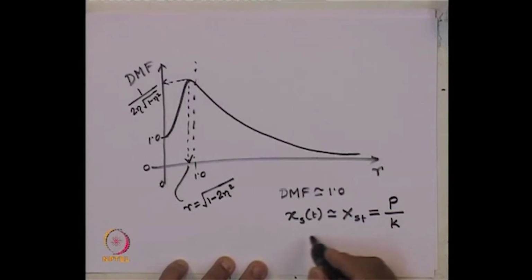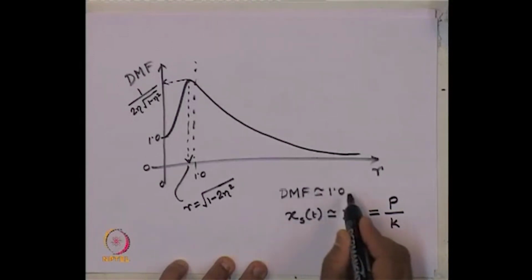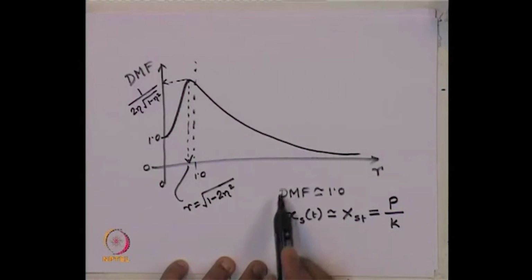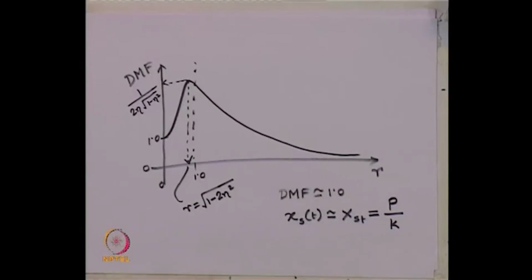So, what does it mean? This value of DMF very close to 1 is dominated or affected by the stiffness. So, if DMF close to 1 is dominated by stiffness, what can we do?